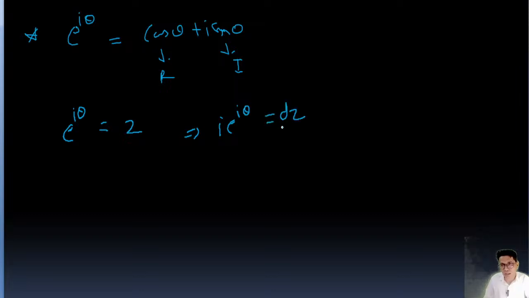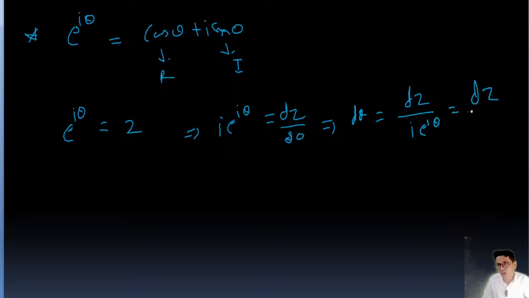So the value of d theta is going to be dz upon iz, because iota e to the power i theta is iz.